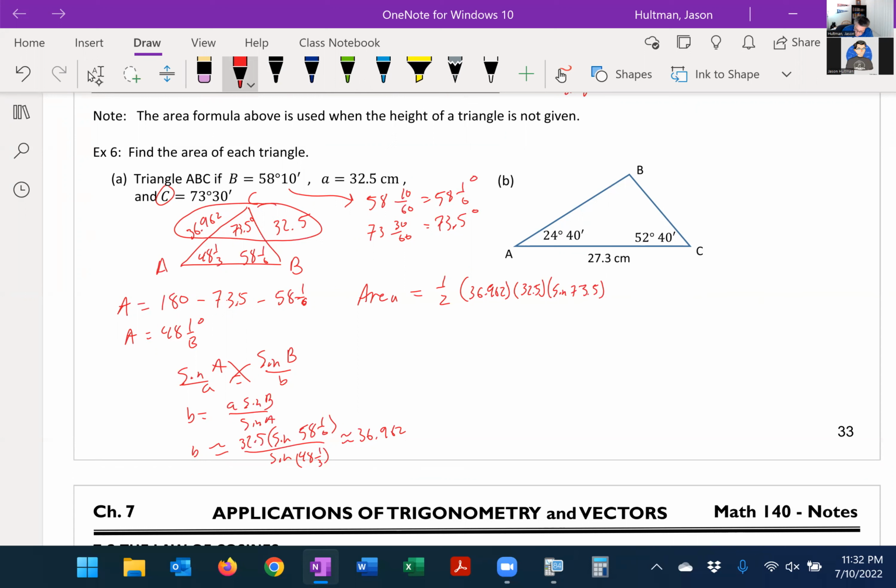Maybe I'll move this over a little bit. Resize that a little bit.